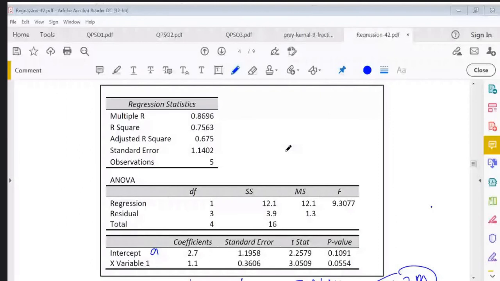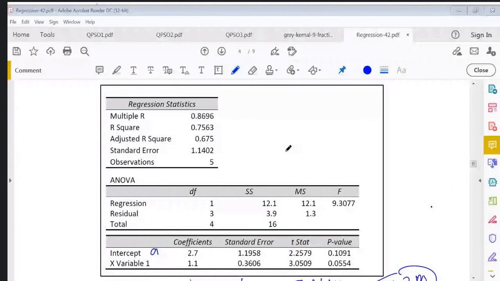Okay, the last one. The comment: it is almost one, so it is a strong positive correlation.